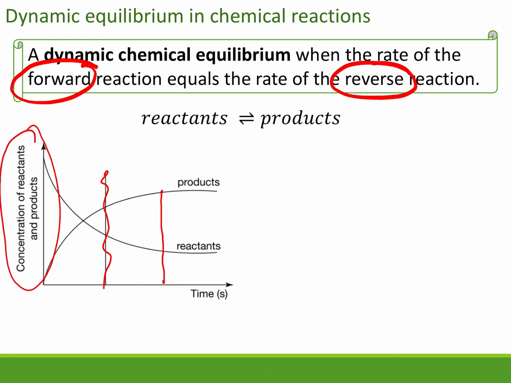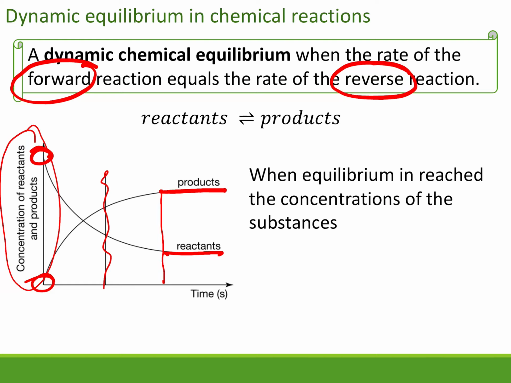This is the concentration of the reactants and the products. We start with lots of reactant, no product, and then we get to a point where these lines start to look like they're going straight. Okay, so these concentrations are becoming constant. They do not have to be equal. This is very important. The concentrations have to be constant, so it's going to look as if we're not making any more product, and we're not making any more reactant.